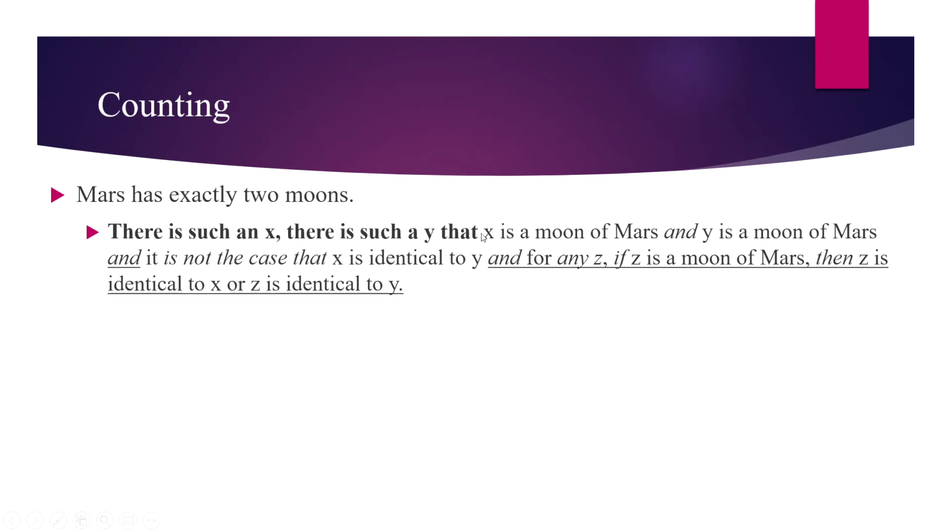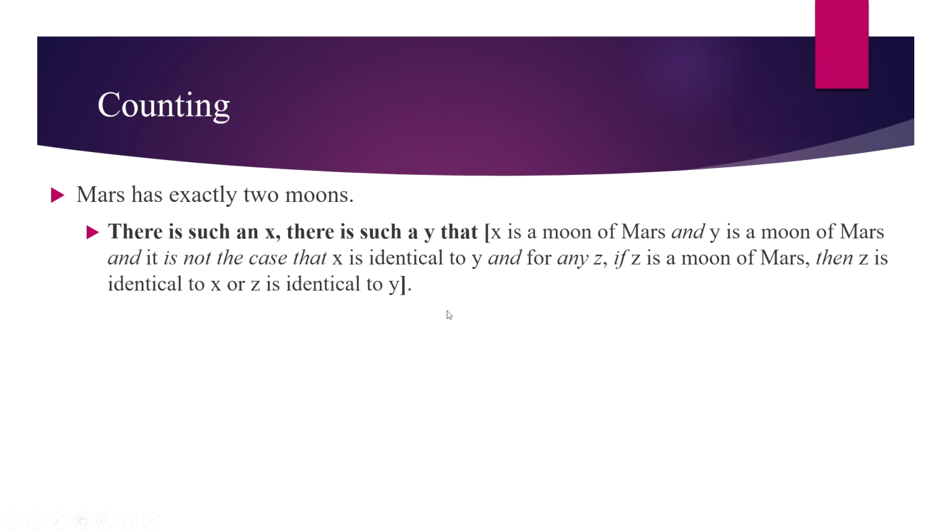So this says there are two moons of Mars. Those moons are not identical to each other, but for anything else, if it's a moon of Mars, then it's either one of the two we've already identified. This says there are two and there are no more than two.